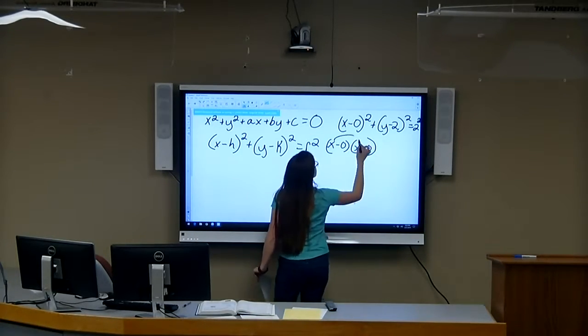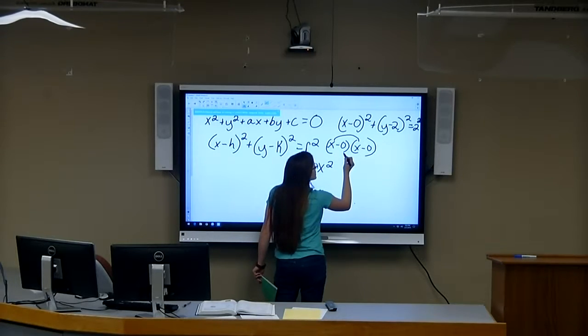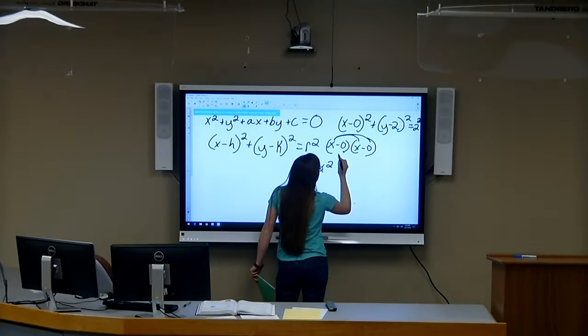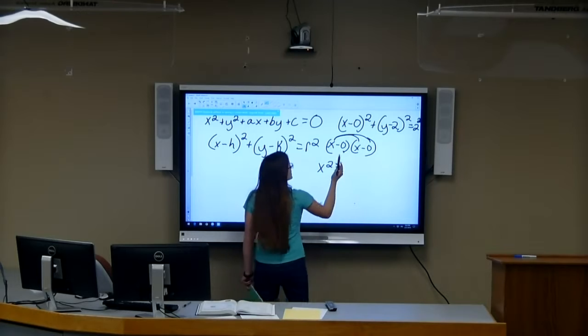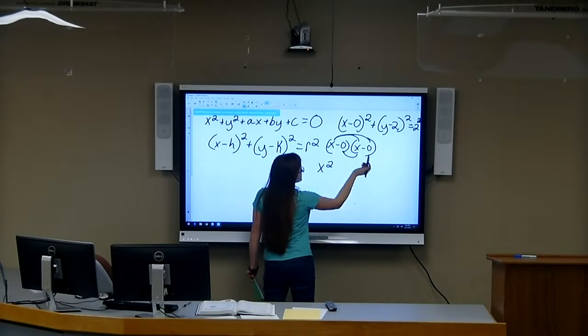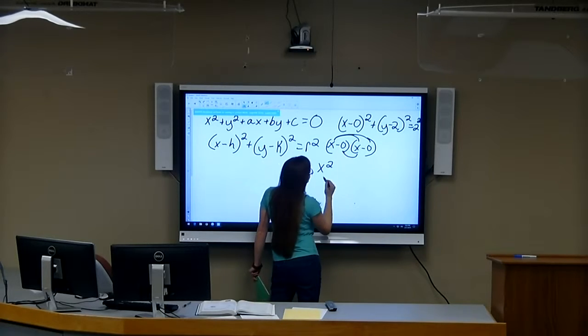Okay, you do first, outer, which gives you nothing because anything multiplied by 0 will give you nothing. Inner, which also gives you 0 because anything multiplied by 0 gives you 0.